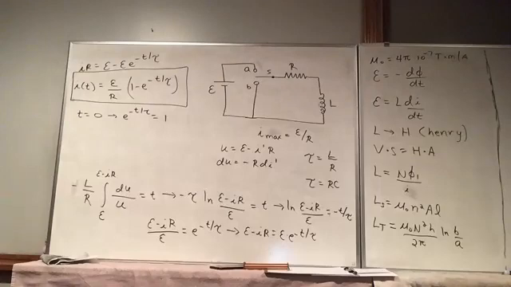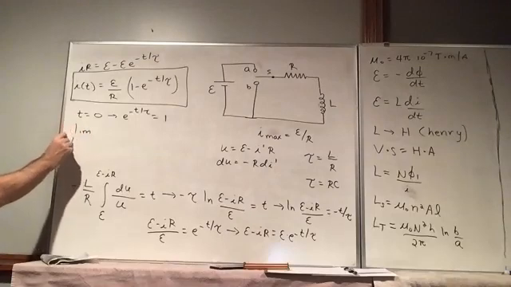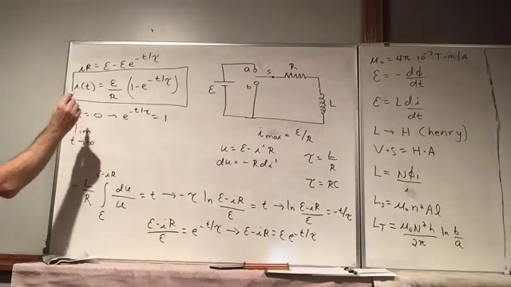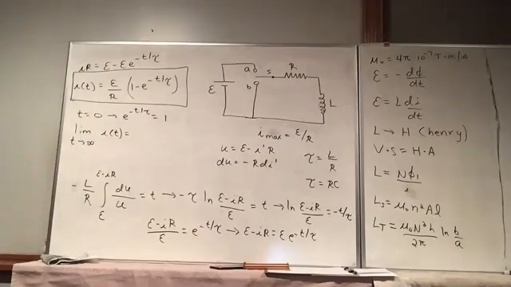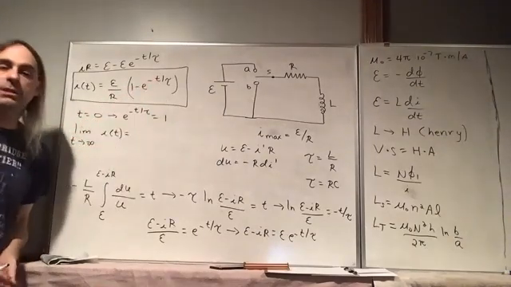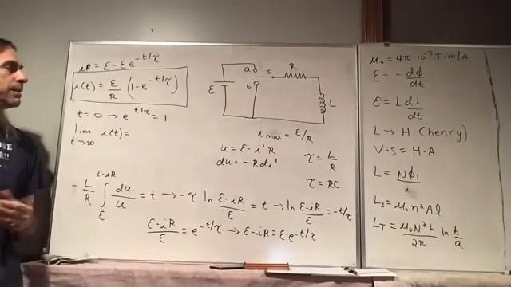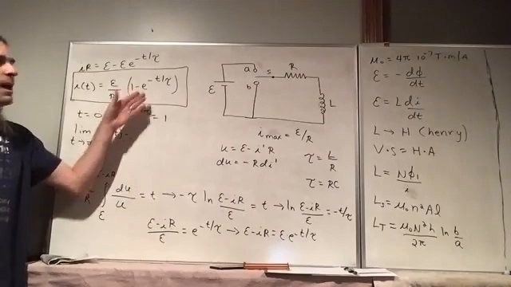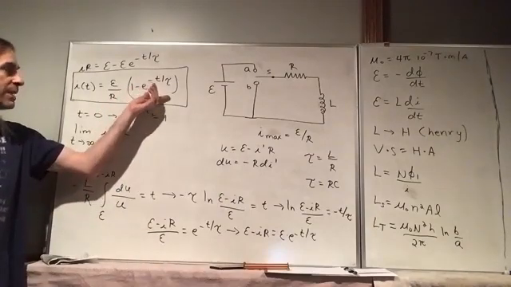And if we take the limit that t goes to infinity of the current, when t is large, we have e to the minus t over tau. So if t is a large number, we're going to have 1 over e to a large number, which is going to be very small.